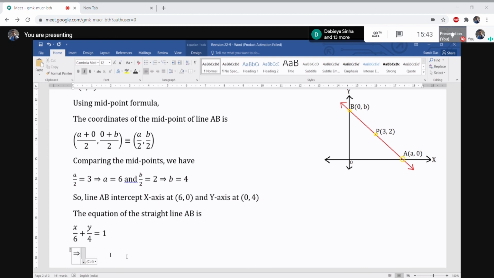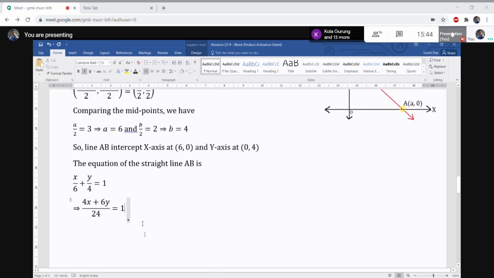If we simplify, the numerator will be 4x plus 6y equal to 24. That is the equation of the straight line.